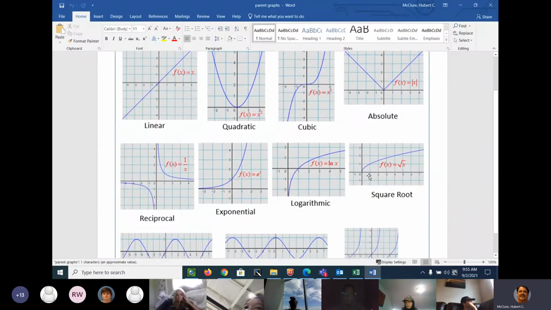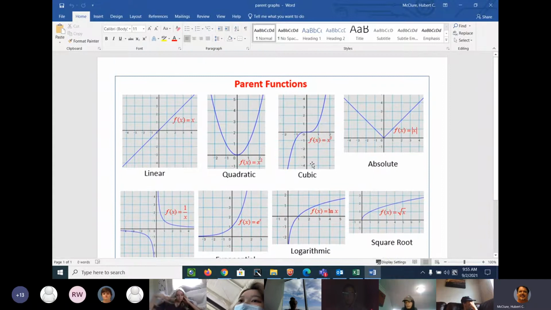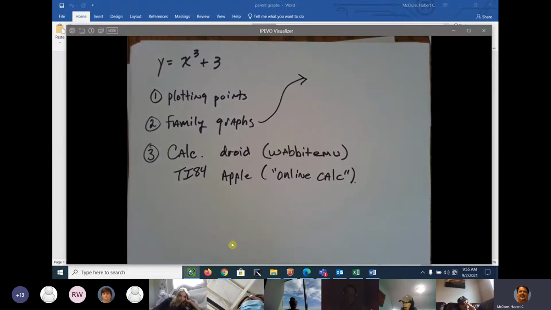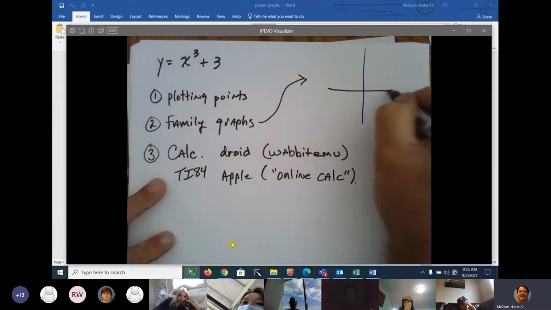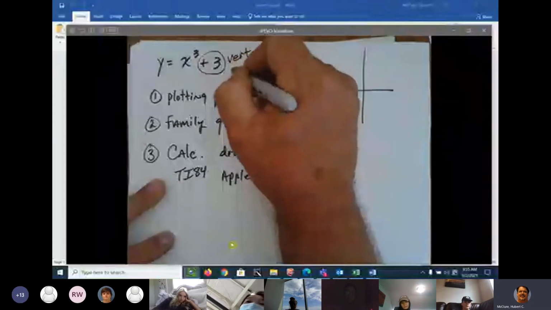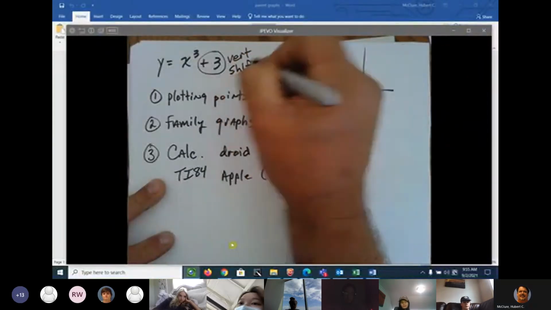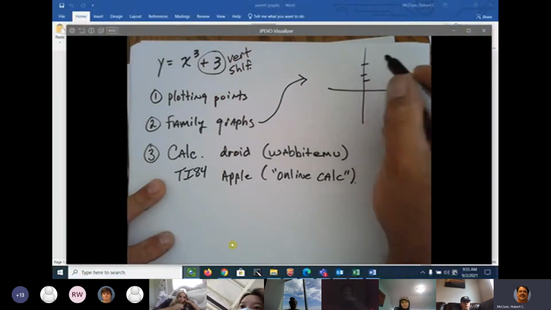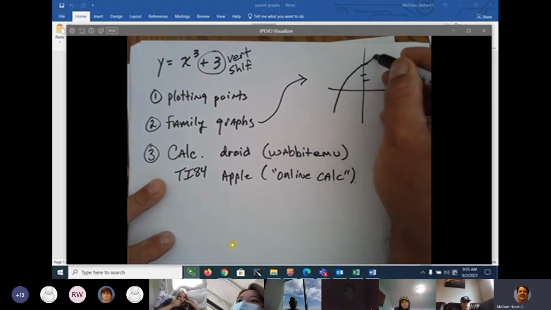This is a cubic function, so this function is going to look like this, and you can actually graph it by the family of graphs by going over to the parent graphs and saying, well, we know this is the vertical shift or the y-intercept. So 1, 2, 3, and it looks like that.